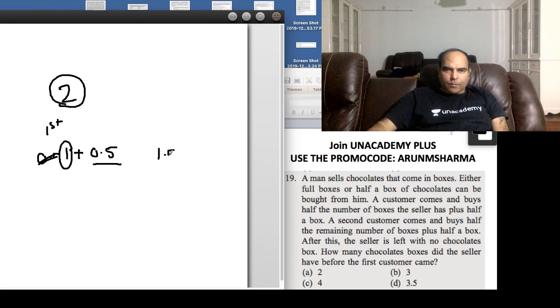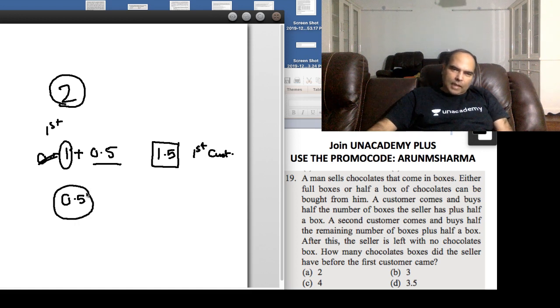So the seller sells 1.5 boxes to the first customer. So the seller is left with 0.5 boxes for the second customer. And for these 0.5 boxes, if you do the half plus half logic again, half is 0.25, half of what the seller has.